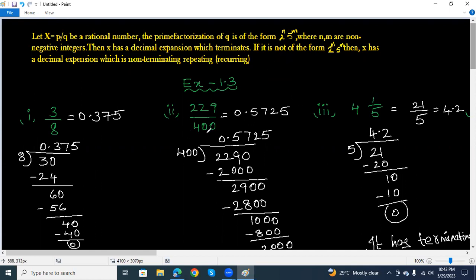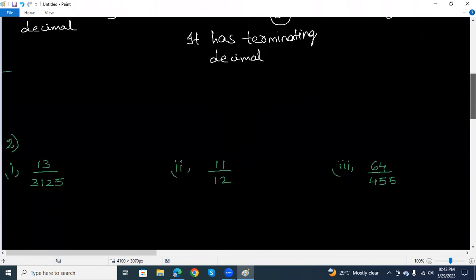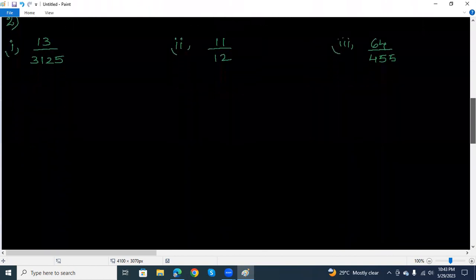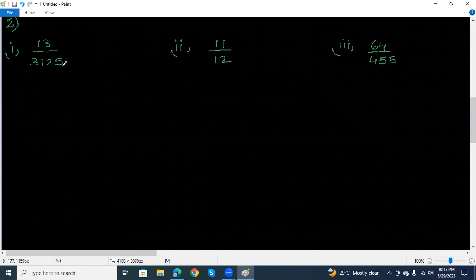If you can't, then we can say it is a non-terminating repeating decimal. Let's see one example. But you have to remember this p by q form: p and q are coprimes, they should have an HCF of 1.